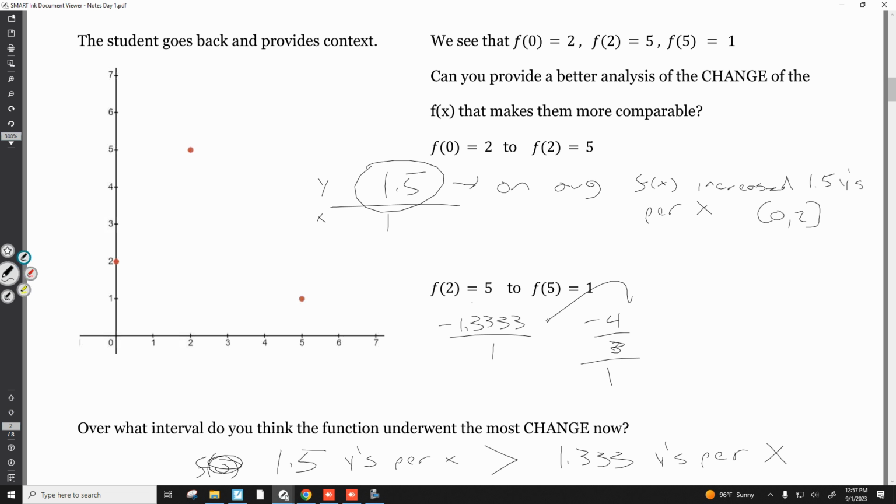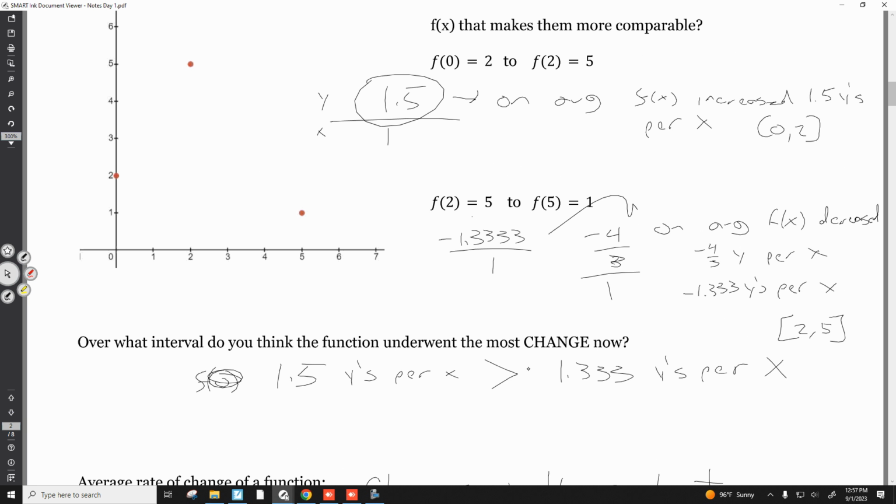Or, on average, my function decreased, thank you, you are correct, decreased either 4/3 of a y per 1x or negative 1.33 y's per x over the interval from 2 to 5. We get comparable rates of change, we get context. Higher.